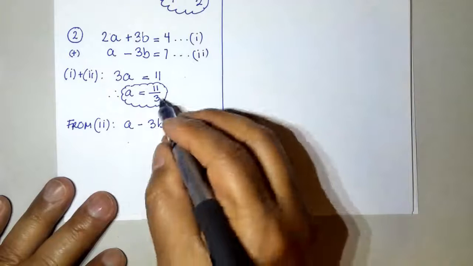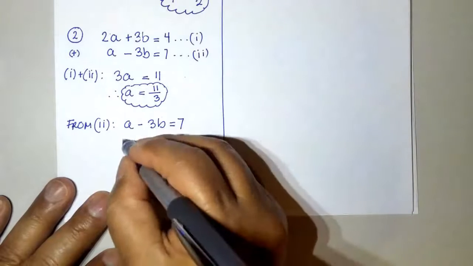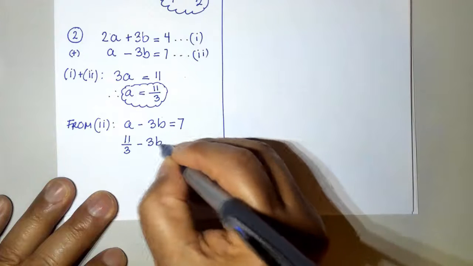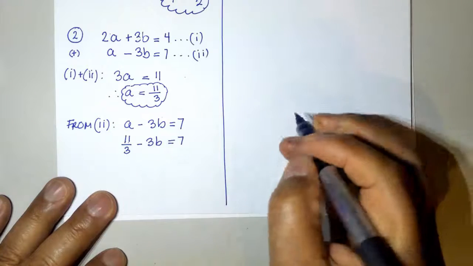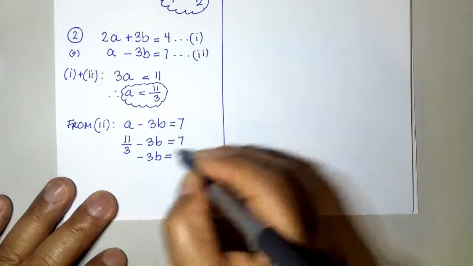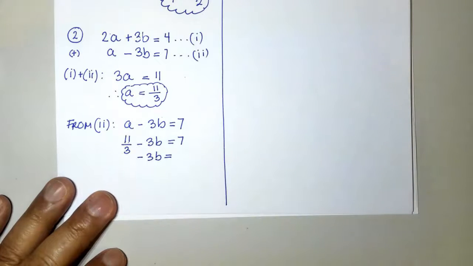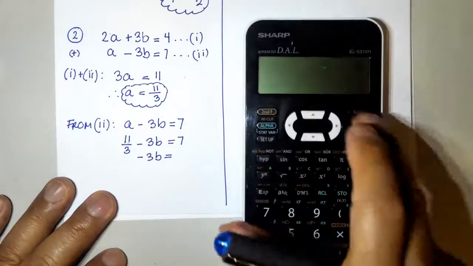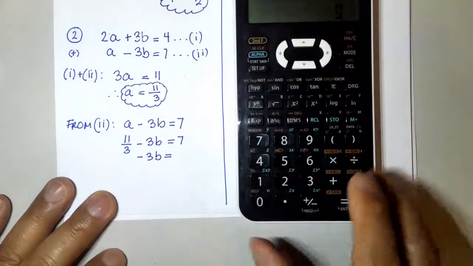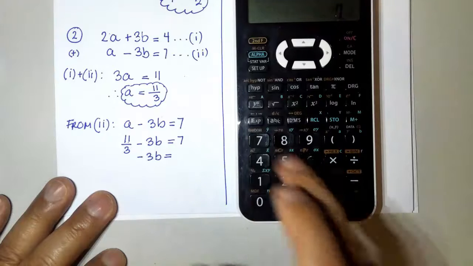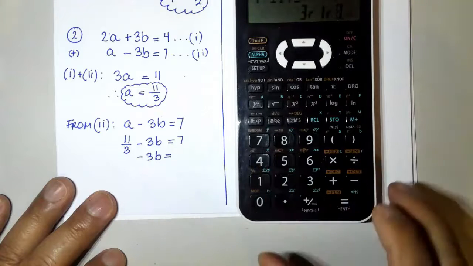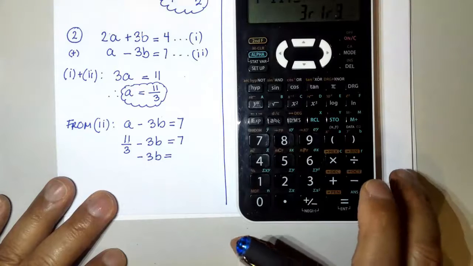Then I'm going to substitute a equal 11 on 3, so 11 on 3 minus 3b equal to 7. Then minus 3b is equal to 7 minus 11 over 3, so I'm going to do 7 take away 11 on 3, and the answer is 3 and 1/3.